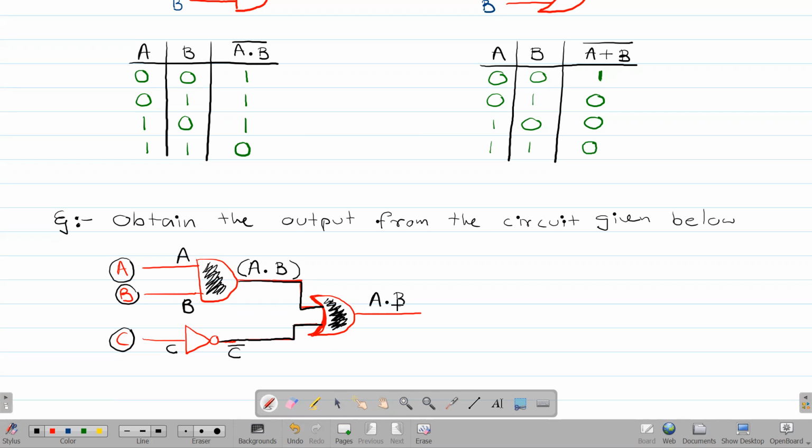A dot B added up with C bar. Or you can say C bar plus A dot B. Right? Simple as that. Got that, people? Yes, sir. Right, great.